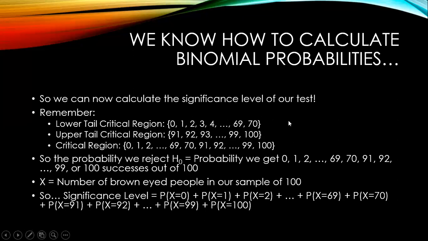We want to find the probability of rejecting, so we take numbers in our critical region. We don't do 71 up to 90, but we do 91, 92, 93, 94, 95, 96, 97, 98, 99, 100. We add up all these probabilities, and that's our significance level, our probability of rejecting H0.